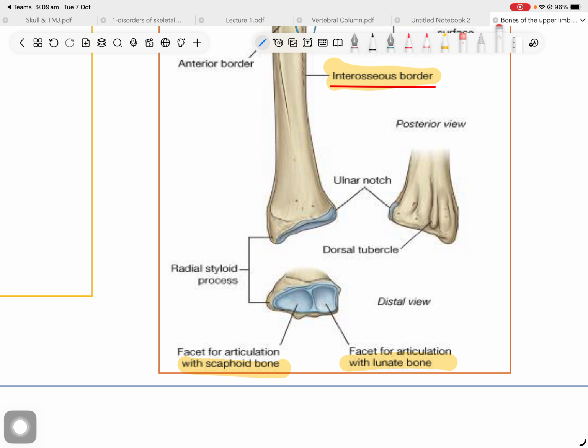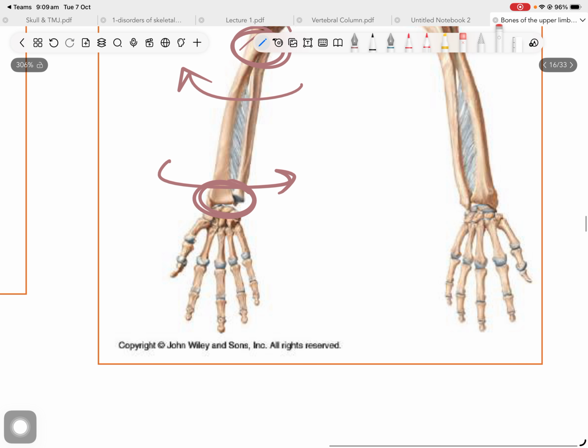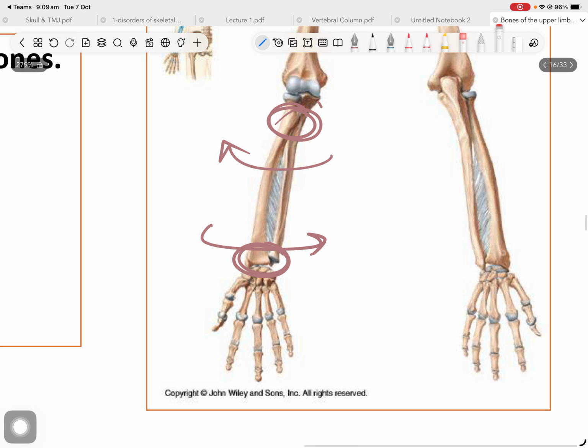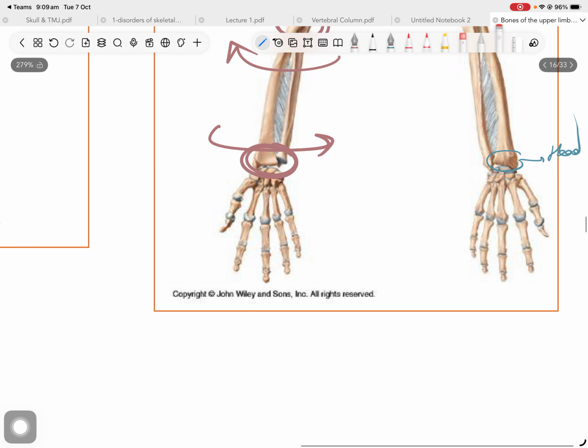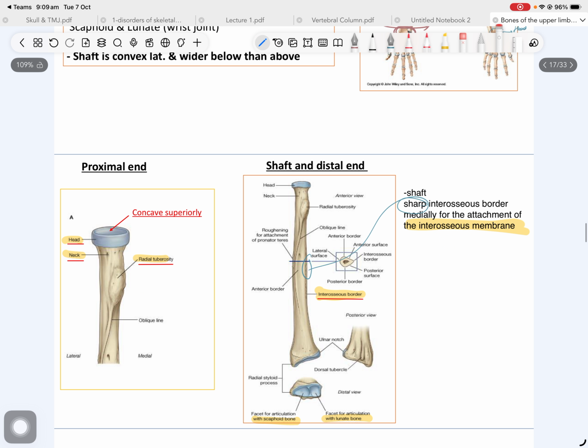So when we go back like this, this is the head of the radius, while this is the head of the ulna. The articulation between the ulna and radius distally occurs between the head of the ulna and the ulnar notch on the radius, okay? So the head will come at this notch, which is the ulnar notch of the radius.